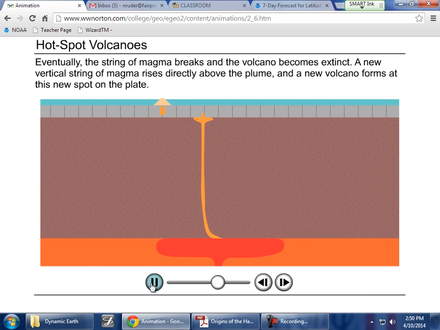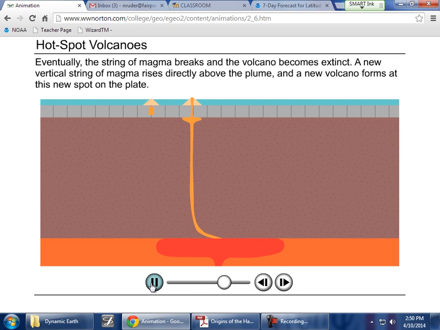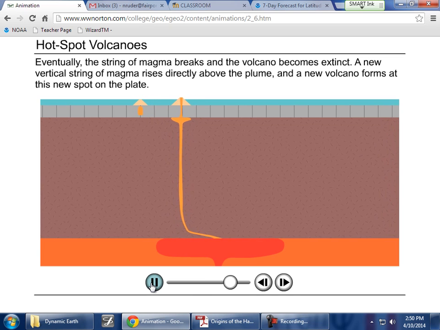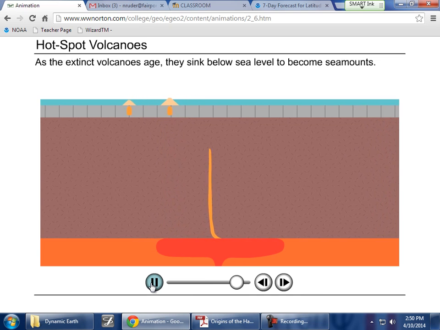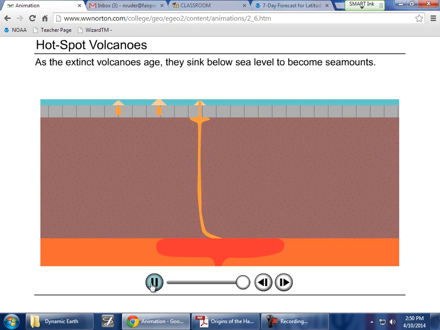As you watch it, what do you notice happening to its size? It's getting smaller. So why do you think it's getting smaller? Because of erosion? Yeah, I would go with erosion. So out of these islands, which island is the oldest or was created first?